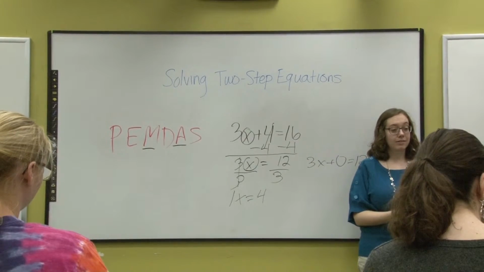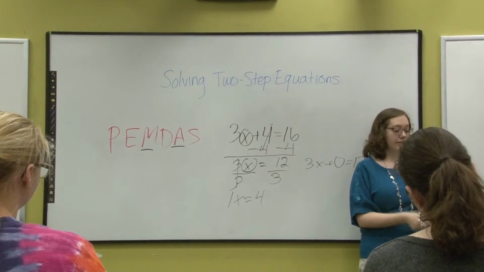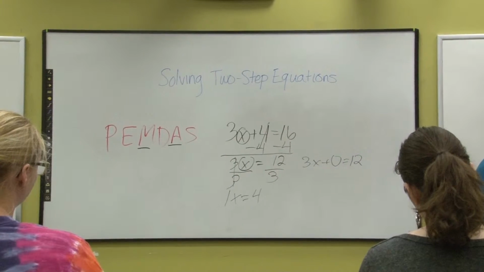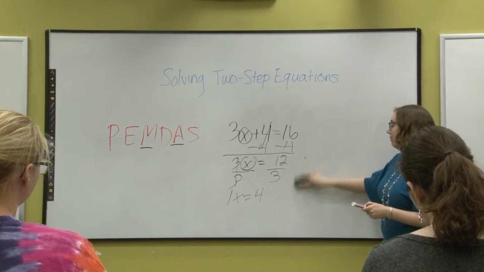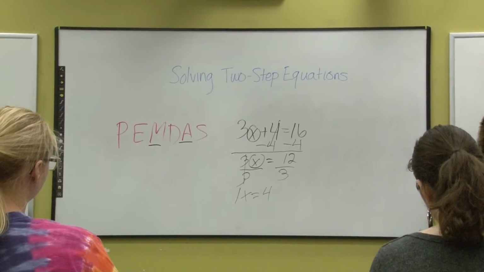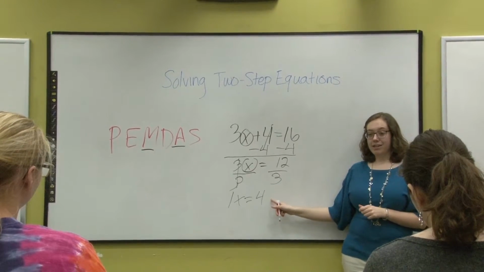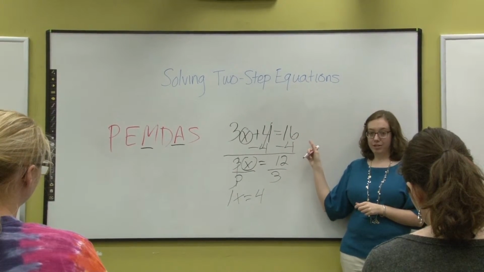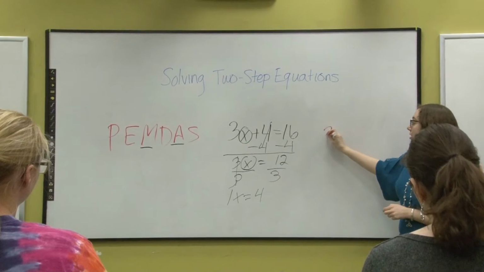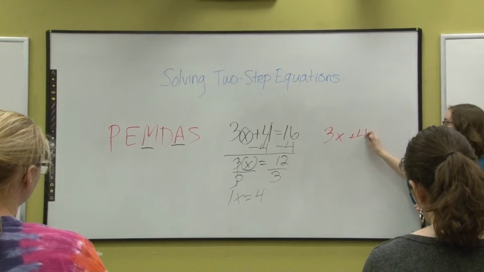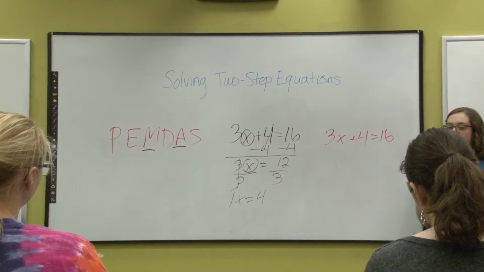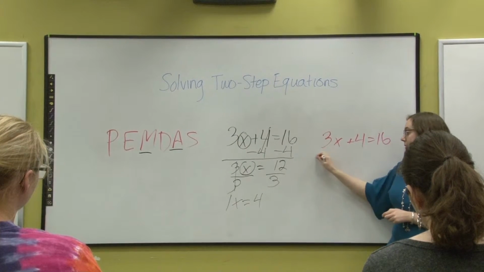Is there a way of checking that our answer's right? Yes, there is, and we should always check our answers just to make sure they're right. How we do that is I plug the answer that I got back into the original equation. My original equation was 3x plus 4 equals 16, and I want to plug in the 4.